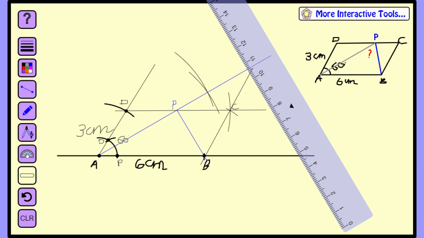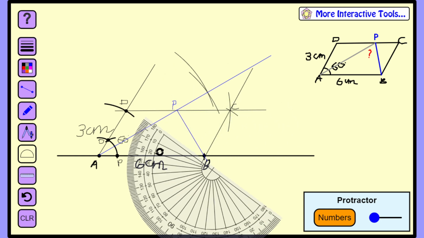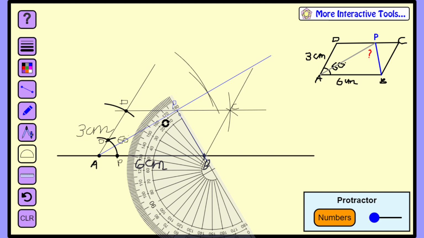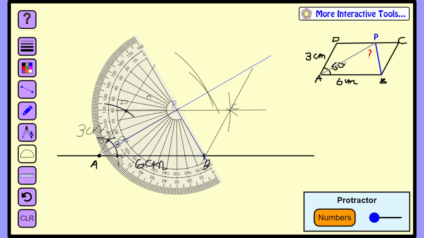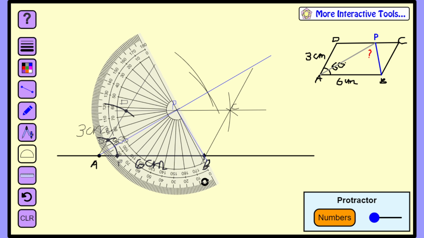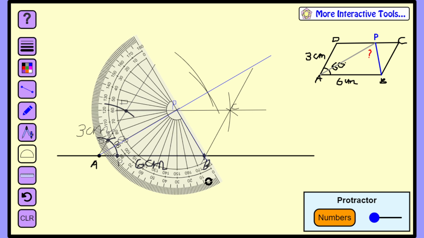Let's see how much it is. Use your protractor, and you know that one of the arms of the angle that you're measuring must lie on the baseline of the protractor. So here PB is lying on the baseline, and it has given me a 90-degree angle.